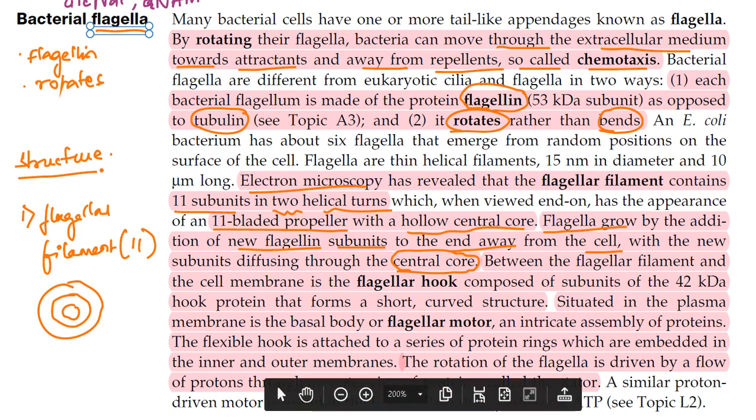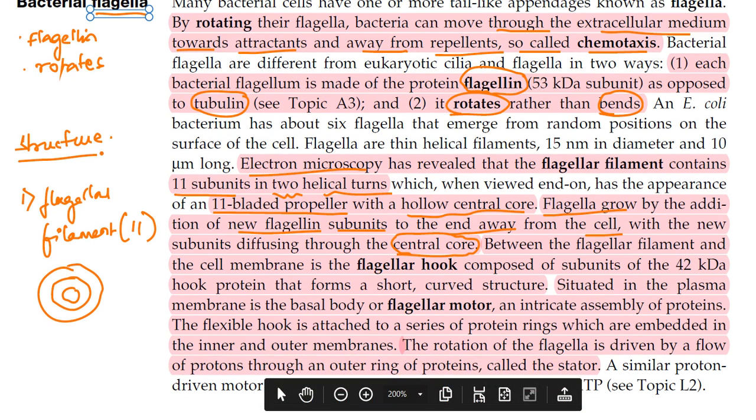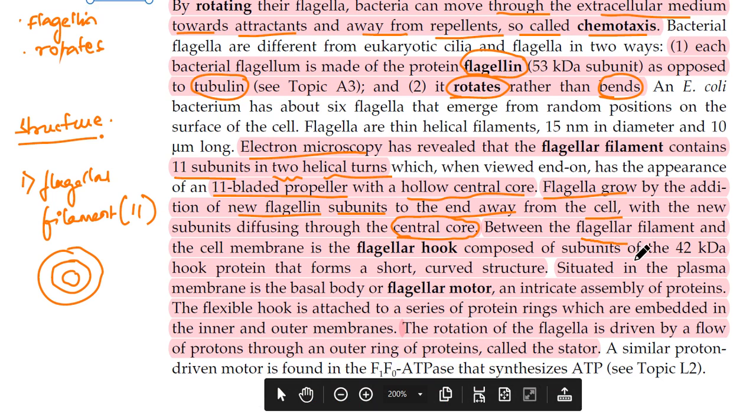Now, between the flagellar filament and the cell membrane is the flagellar hook. The second part is the flagellar hook.